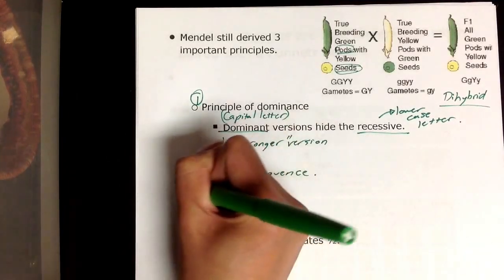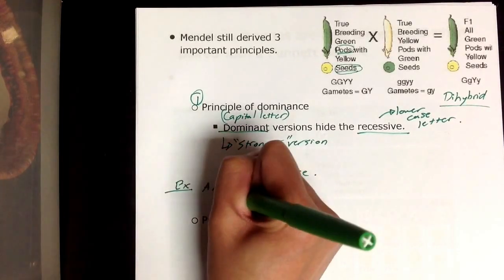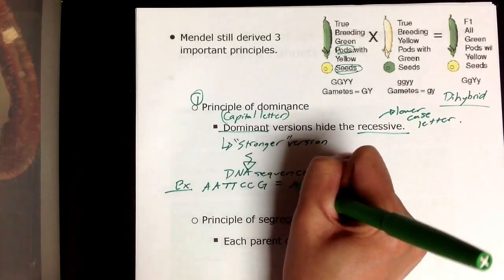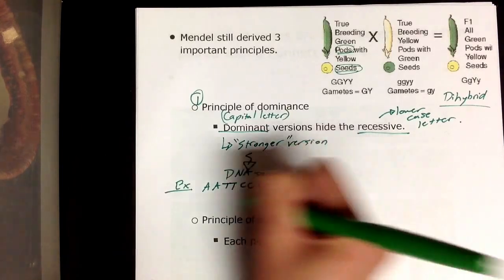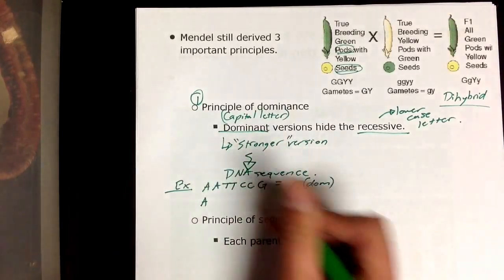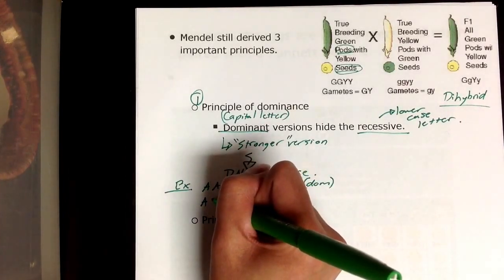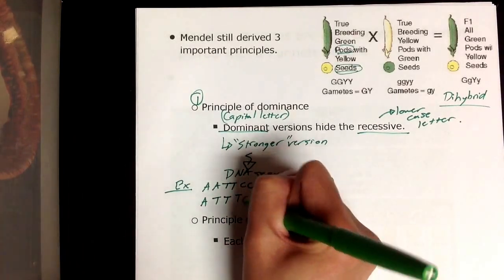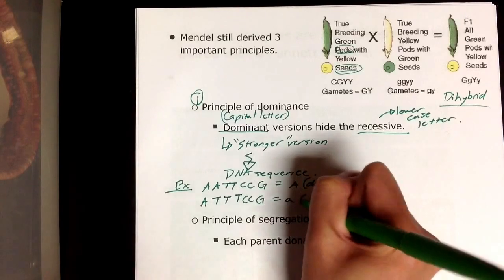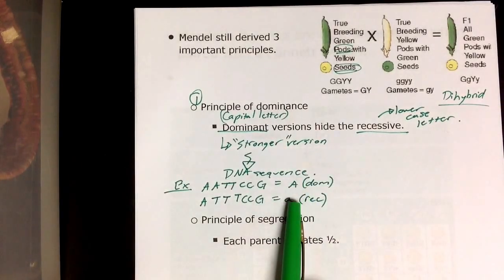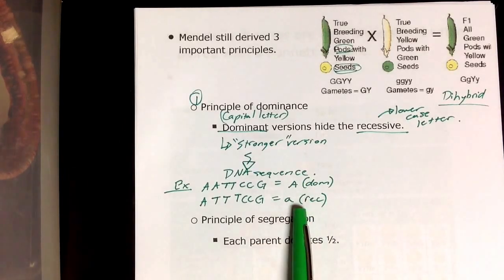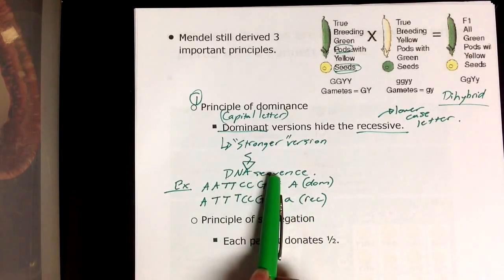As an example, we could have a DNA sequence that says A, A, T, T, C, C, G, and this could represent our dominant allele, big A. But then we can have the same gene, but a different allele, let's say T, T, T, T, C, C, G, and this could represent our recessive allele. All that the letters are representing is a section of DNA or a gene, different versions of that gene. So don't get caught up in the capital A's and the lowercase a's. Remember that all of this goes back to the DNA sequence.